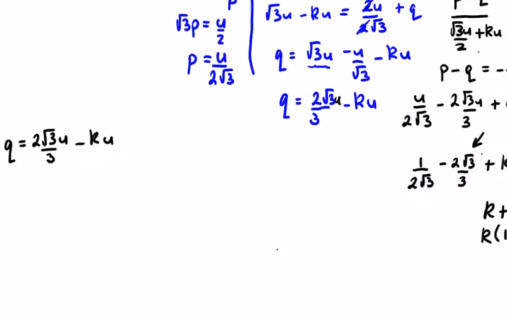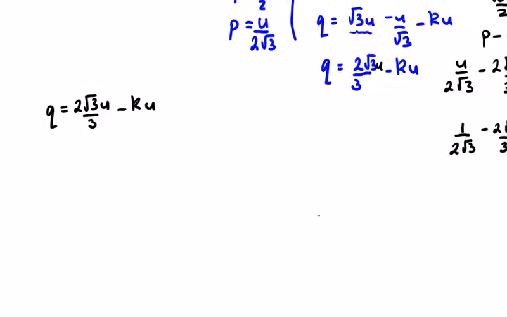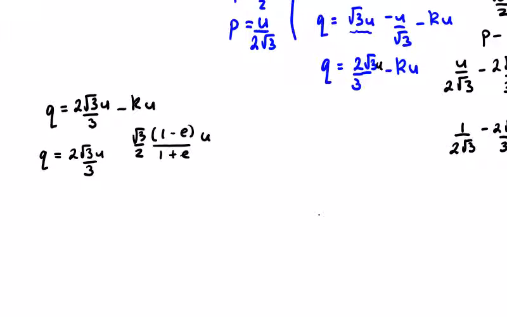So k was, let's go down here, root 3 over 2. So k is root 3 over 2, (1 minus e) over (1 plus e), and u. And we have q is 2 root 3u over 3, and then minus that whole thing.